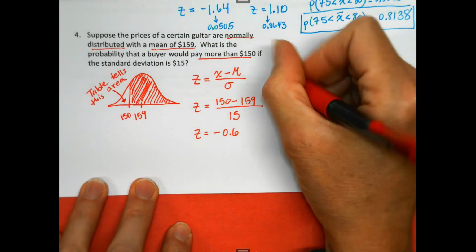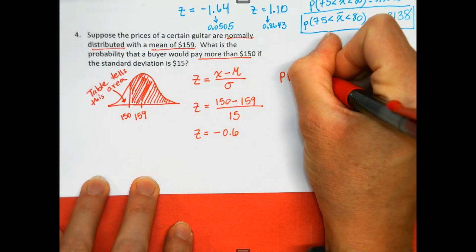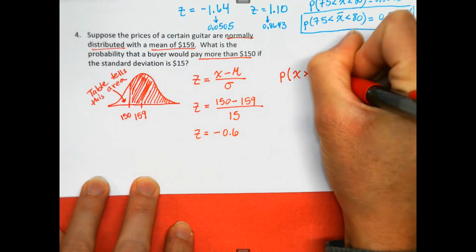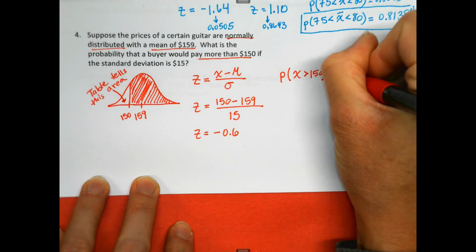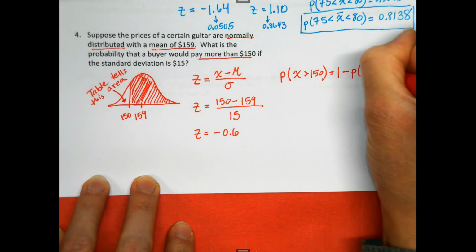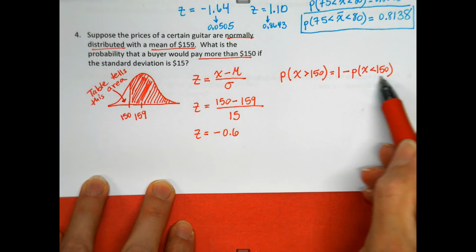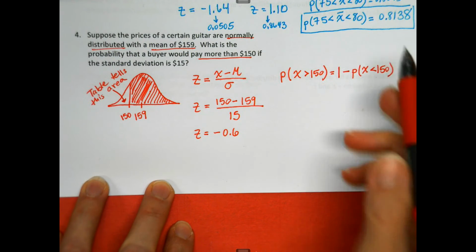Therefore, our probability that they pay more than $150 is going to be equal to 1 minus the probability that they pay less than $150. This is the value that's going to come from the standard normal probability table.